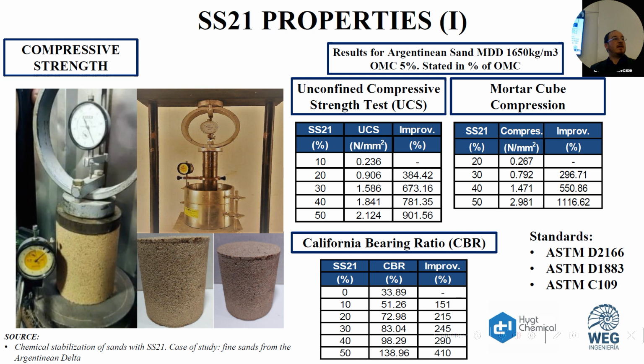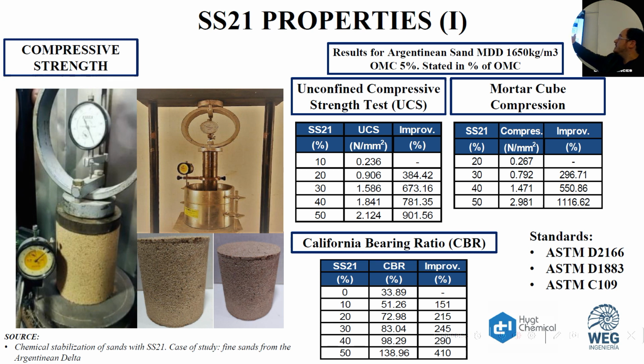We focus on two key groups of properties: structural properties and hydraulic properties. Starting with structural properties, compressive strength. As you can see, these are the types of tests that are usually done for this kind of use, and the improvement is great.